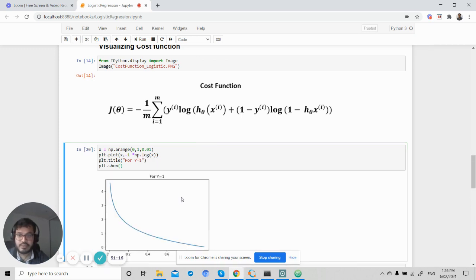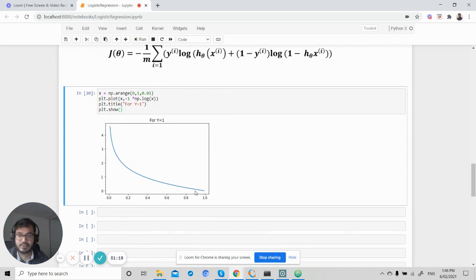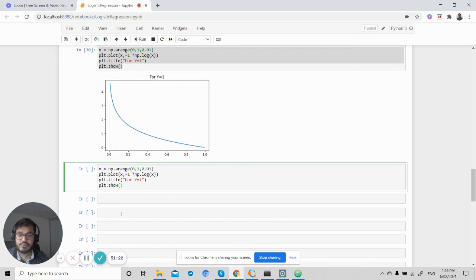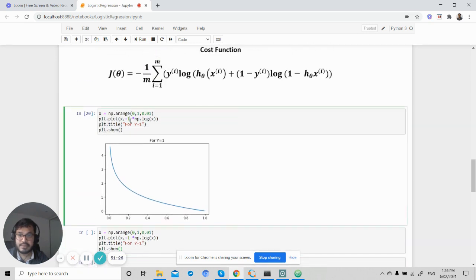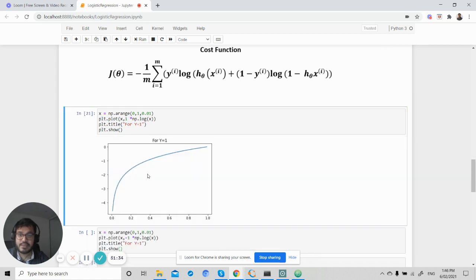That's why we have minus 1 here, because if we multiply it by plus 1, then it would be something like this.